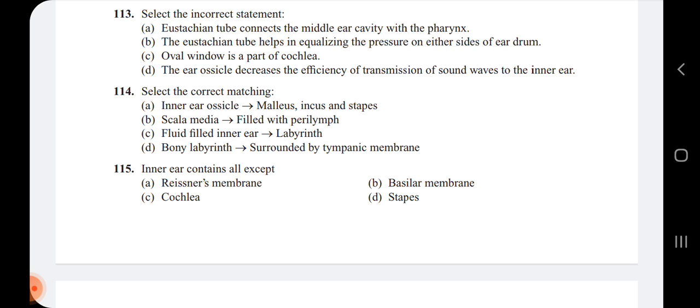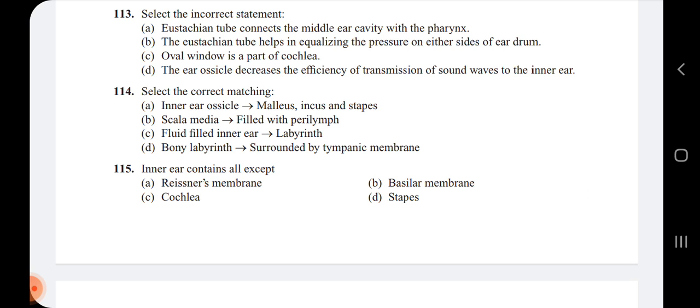Next, bony labyrinth surrounded by tympanic membrane. Actually, the bony labyrinth is surrounded by a fluid called the perilymph. So that's why option C is the correct matching.